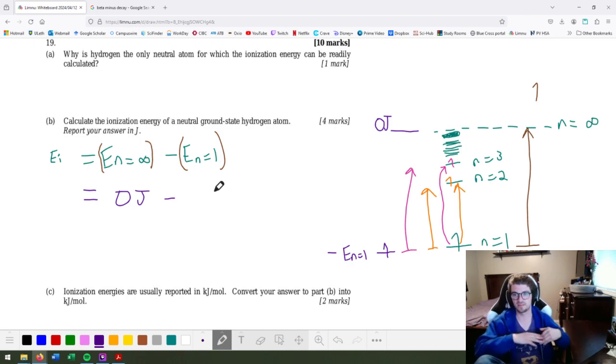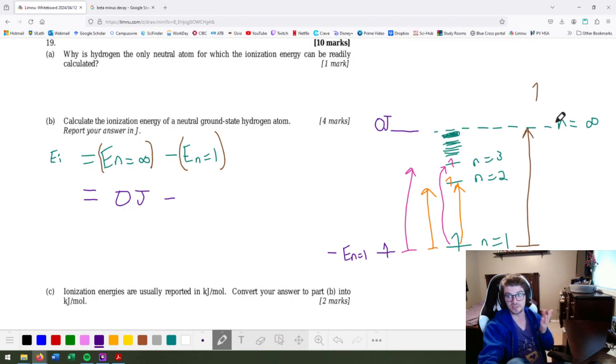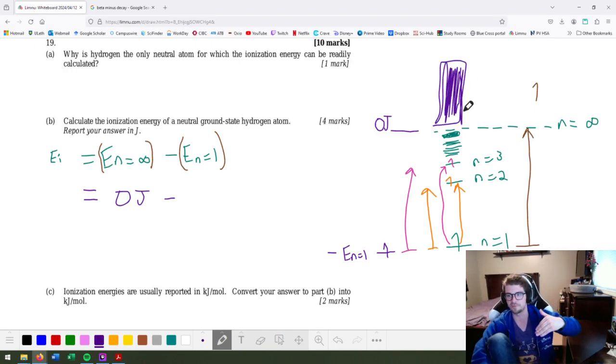But once it has gotten to at least that much energy, it can be any amount of energy higher than that as well. Essentially, you get up to the energy level that puts you at n equals infinity, and then there's an infinite number of energy levels above that threshold that the electron can occupy.